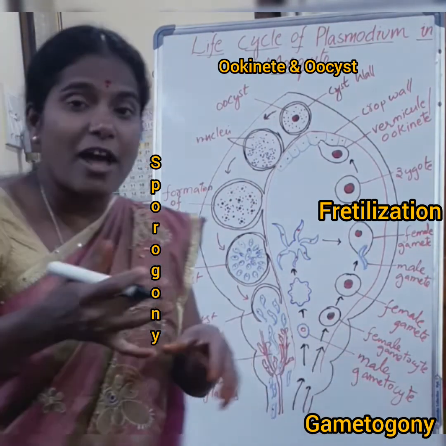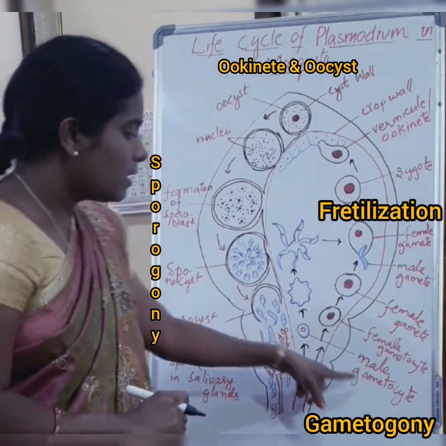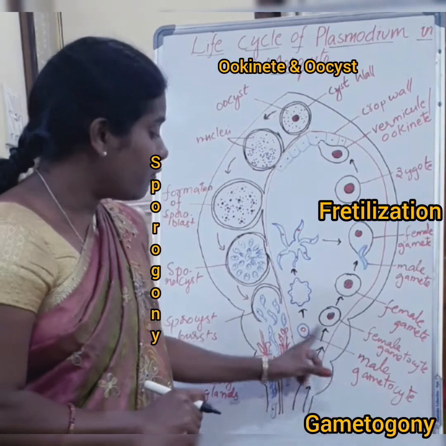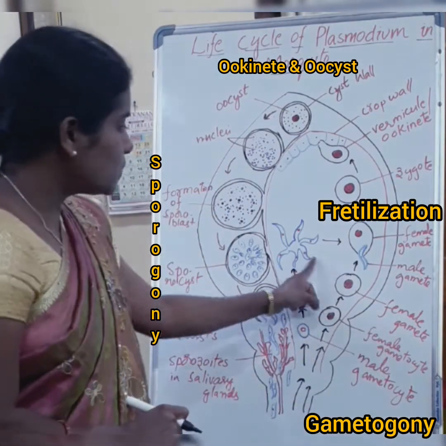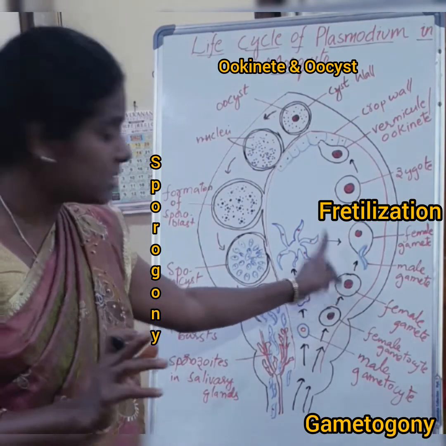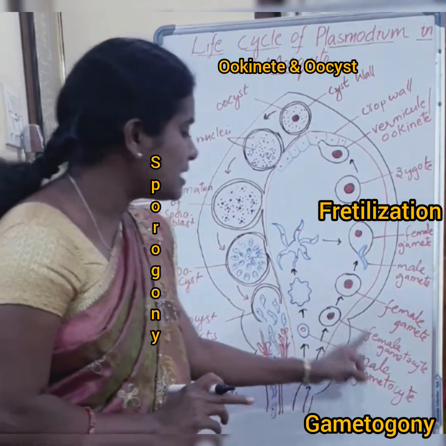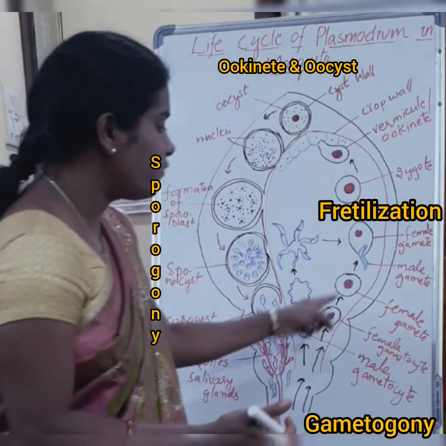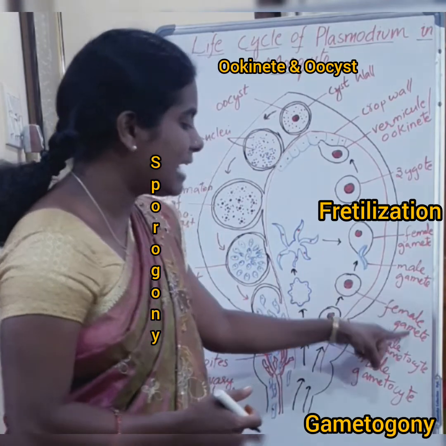In gametogony, once again there are 2 stages: formation of the male gamete from the male gametocyte, and formation of the female gamete. So this is the formation of the male gamete. Now the female gamete: the female gametocyte undergoes some changes and forms the female gamete.